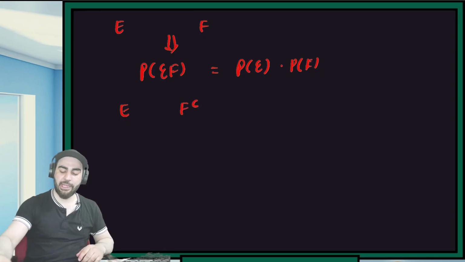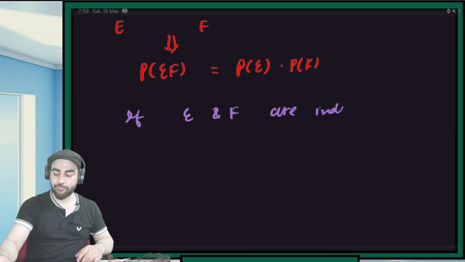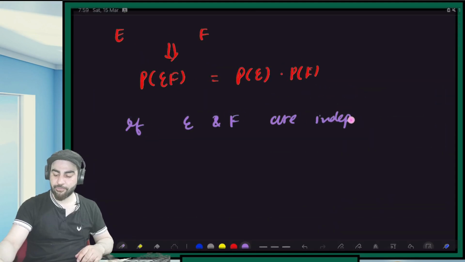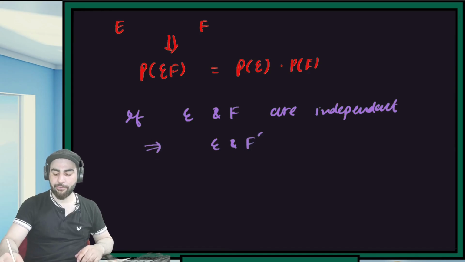So if E and F are independent, this implies that E and F complement are also independent.